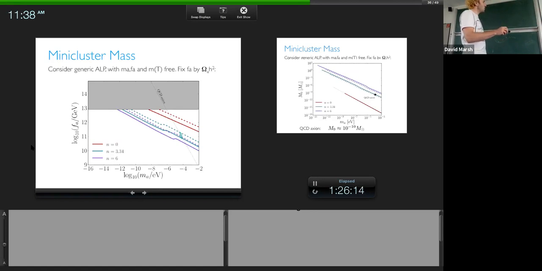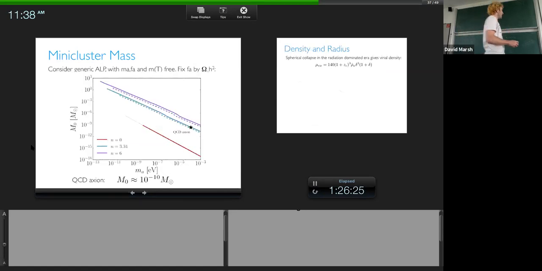So here are the contours of fixed relative density for different models, temperature dependence of the mass, axion mass, decay constant, QCD axions along there. You can convert this into masses using the formula that I gave you before. Just find what T_osc is using g-star and things like we already discussed for the relative density in lectures 3 and 4.